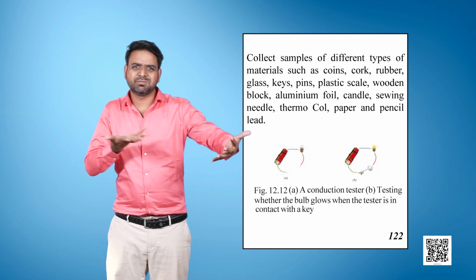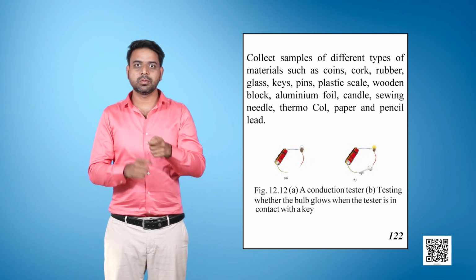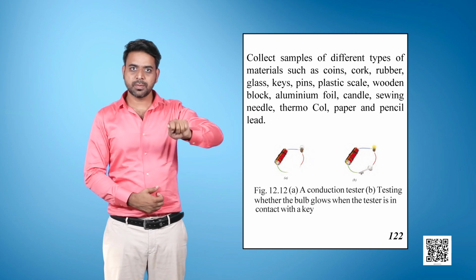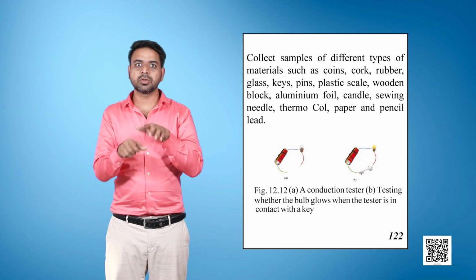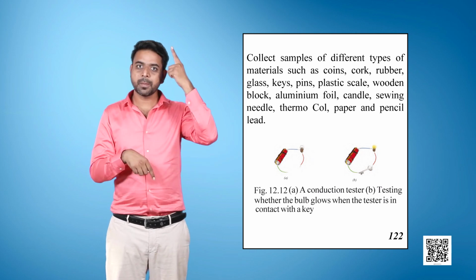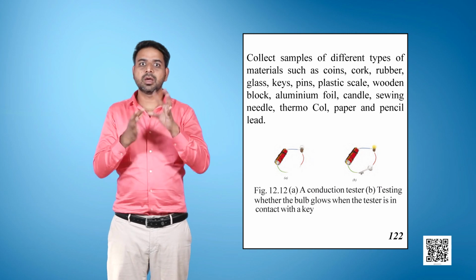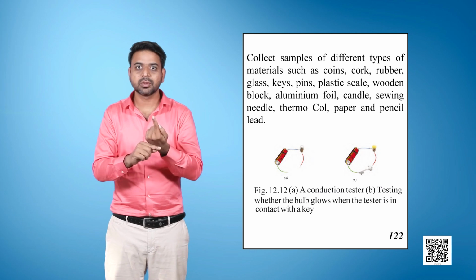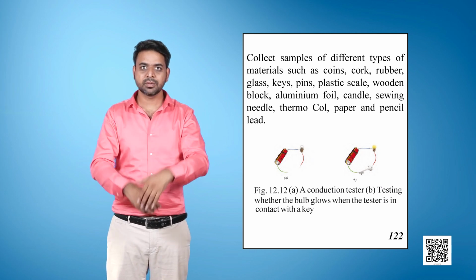Collect samples of different types of materials such as coins, cork, rubber, glass, keys, pins, plastic scale, wooden block, pencil lead, aluminium foil, candle, sewing needle, thermocol, paper and pencil lead.